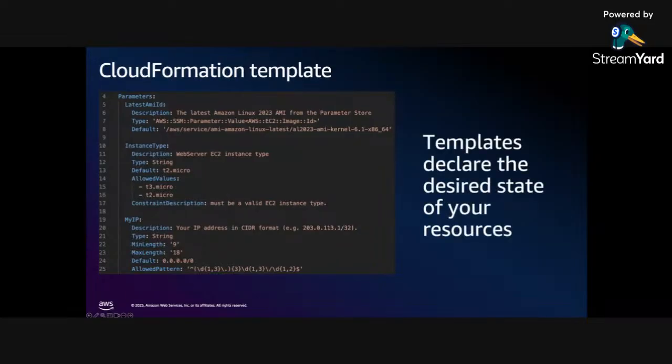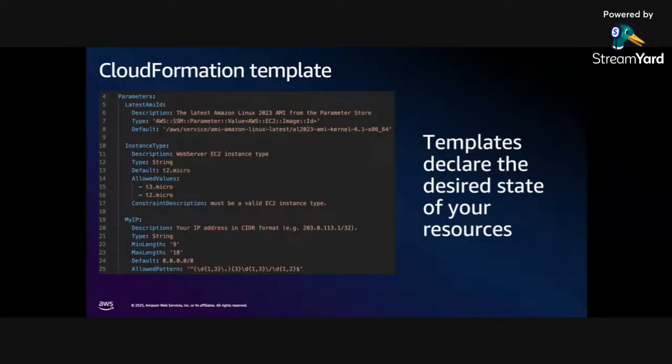Templates declare the desired state of the resources that you want to manage the lifecycle of. In this part of our sample template here, we have a list of parameters which help you to customize your stacks by providing input values during stack creation or update. These parameters allow you to change certain aspects of the stack based on your needs.